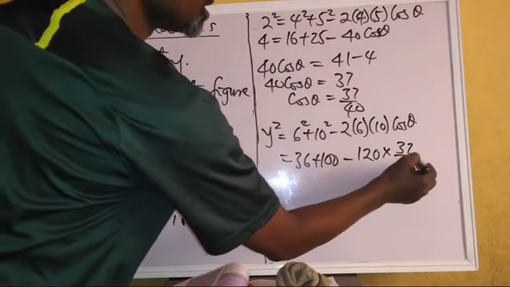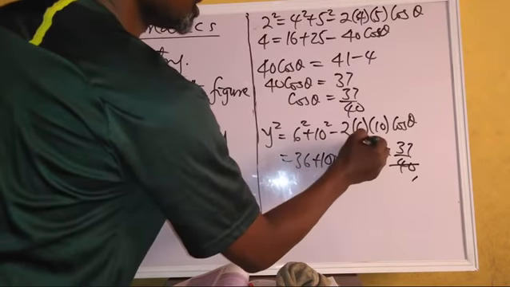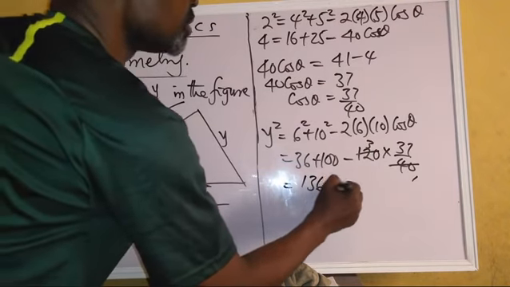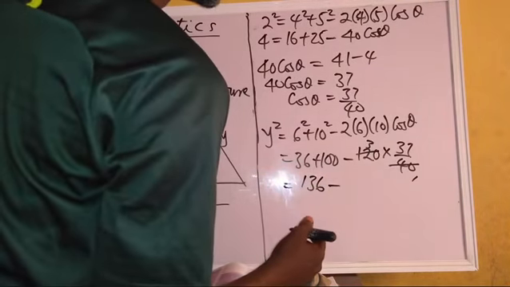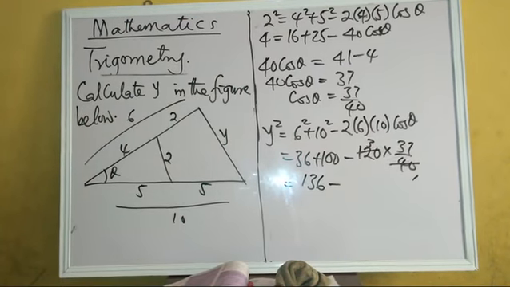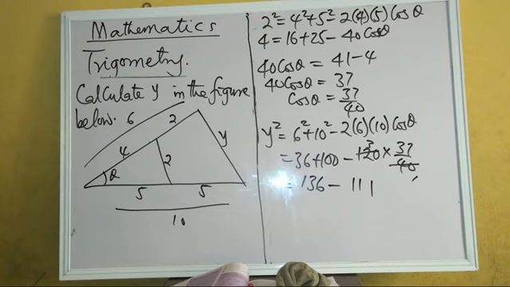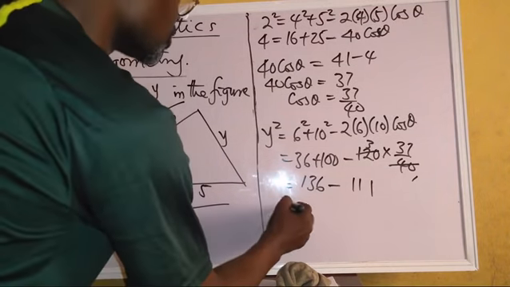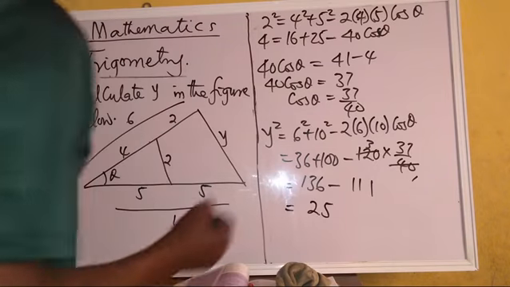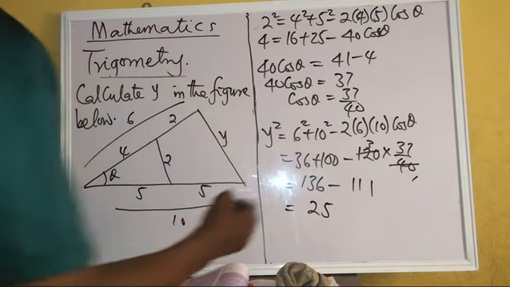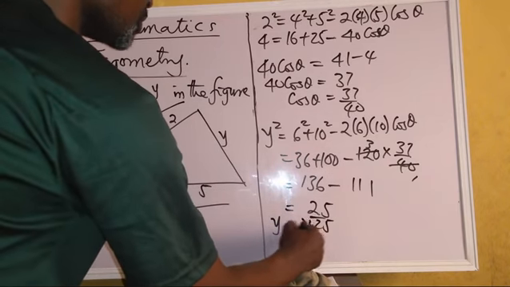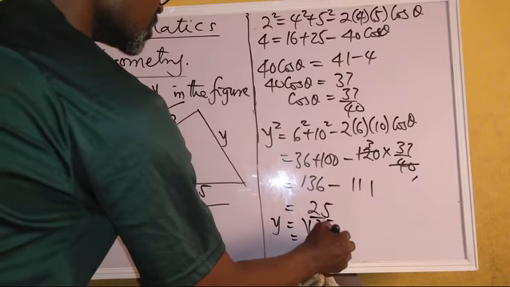From there, 40 goes into 120 three times. So that will be 136 minus, let's multiply 3 by 37. What does it give? That's 111. So we subtract, that will be 25. So y equals root 25, which is 5 units.